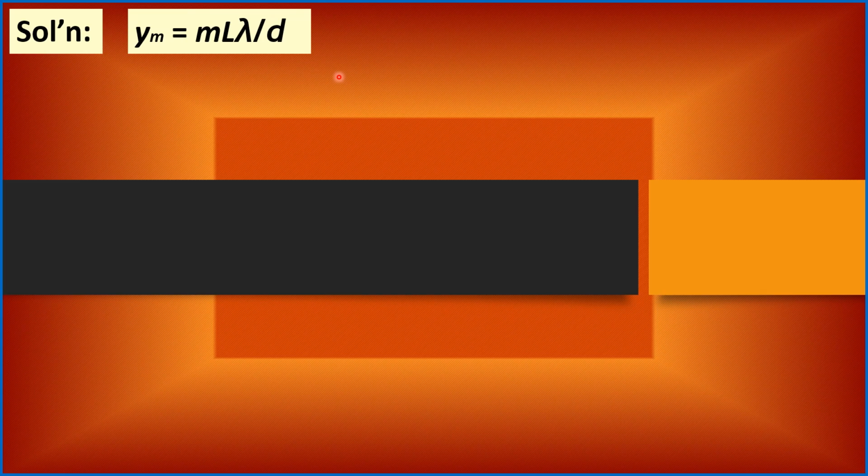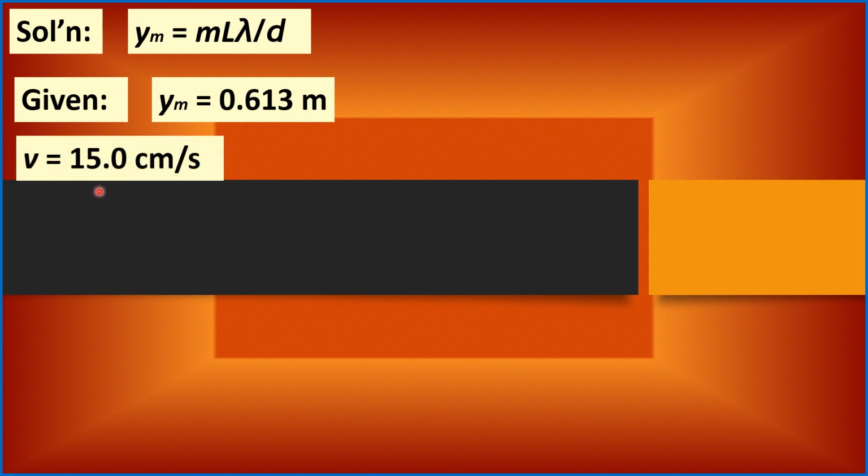All right, so this is now our solution to this question. We use again the formula y sub m equals the product of m L lambda divided by d. And we're given the data such as ym equals 0.613 meters. Also, we are given the speed of the water wave fronts, 15.0 centimeters per second.